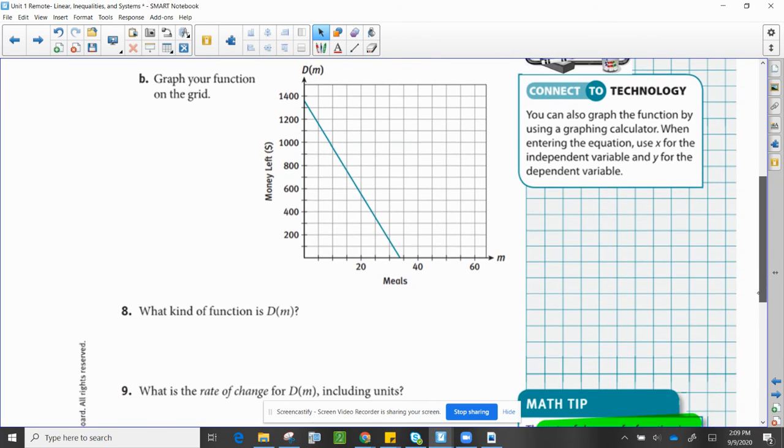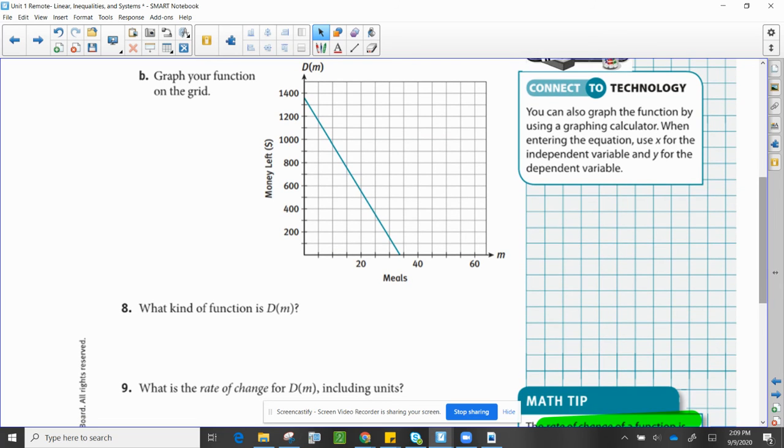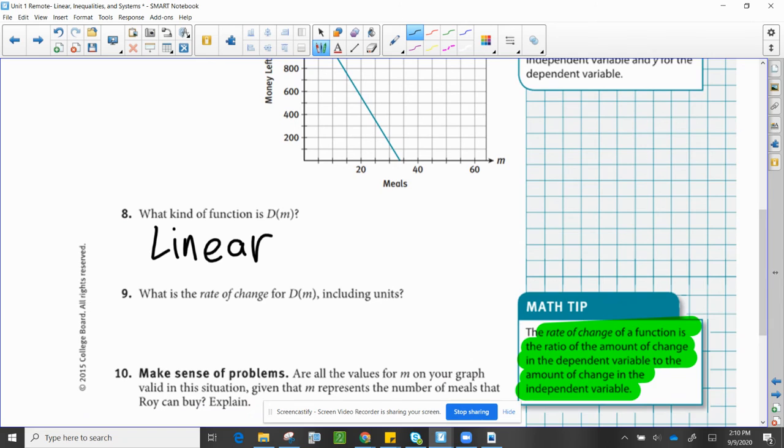But what kind of function is this d of m then? Well, this function is also looking pretty linear, right? And what was our rate of change? How is our graph changing every time? Okay, well, it's decreasing by $40, right?